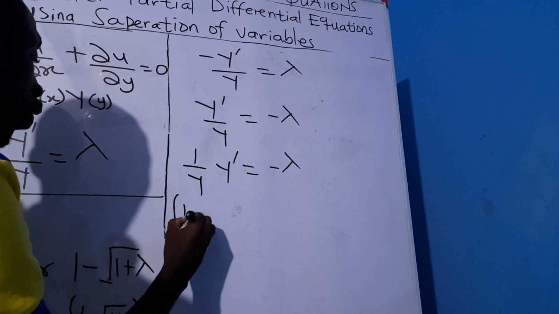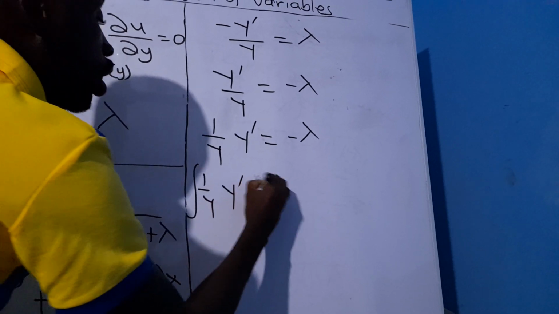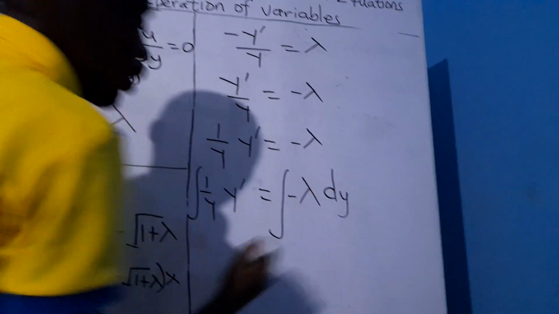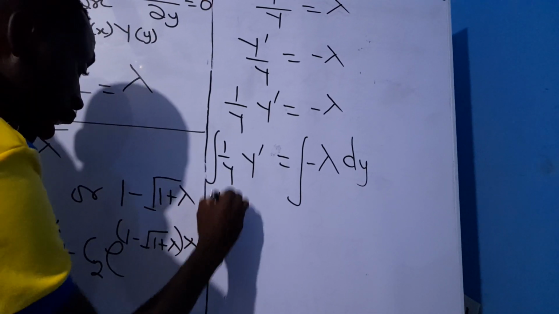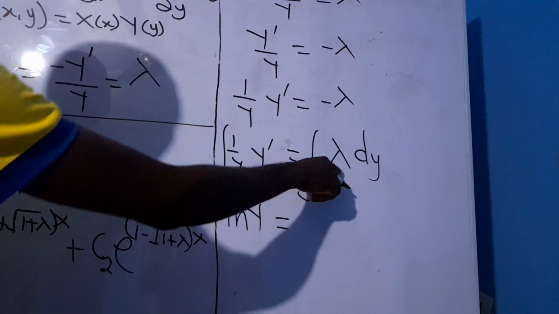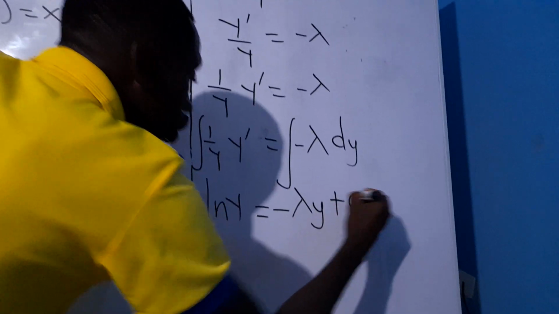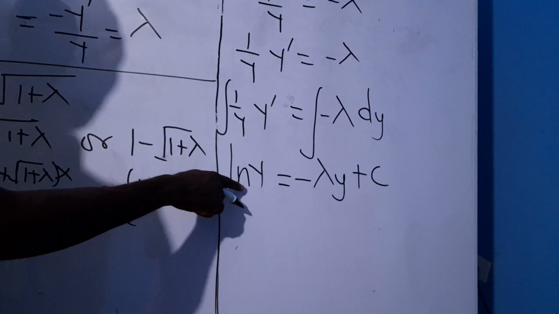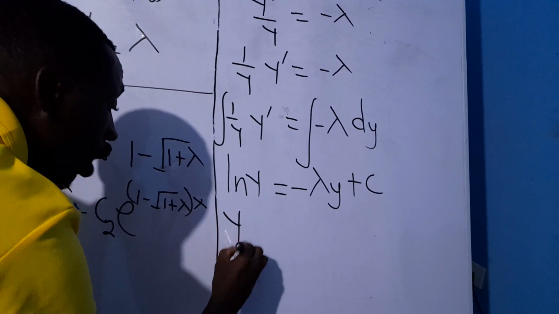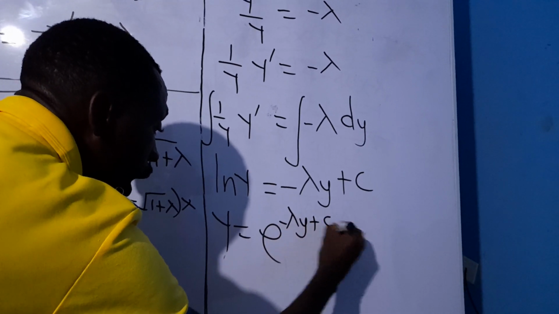When we integrate this, we get ln y equal to negative lambda y plus our constant of integration. Remember, ln is the natural log, a log with natural base e. So our y will be equal to e exponent negative lambda y plus c.